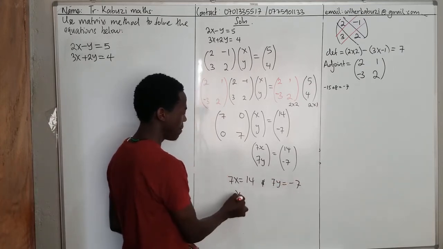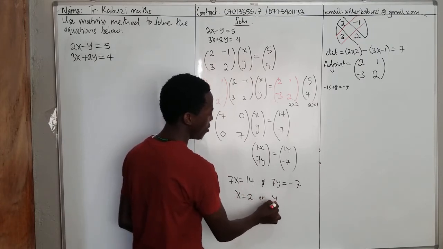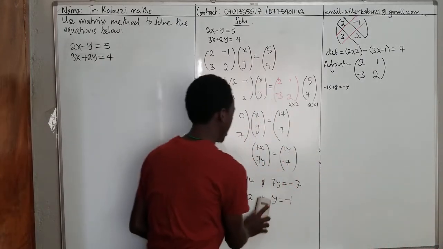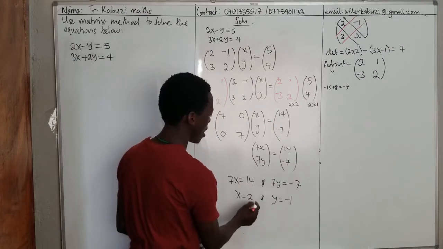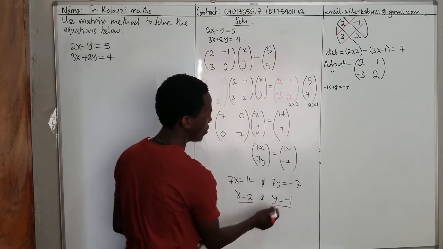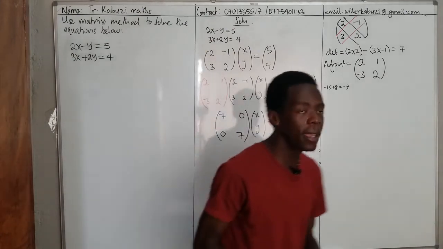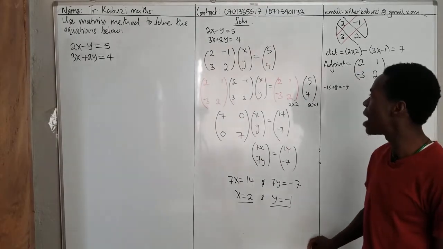And from here x becomes 2, and y becomes negative 1. So this is not or, this is and. And so we have solved those two simultaneous equations with ease. That's the idea of solving two simultaneous equations using the matrix method, as simple as that.